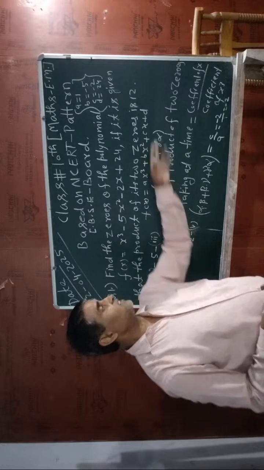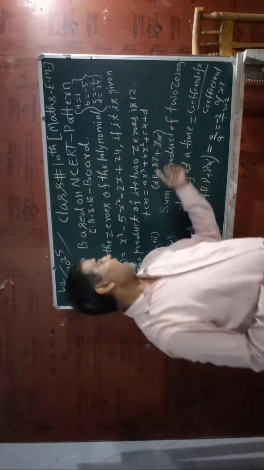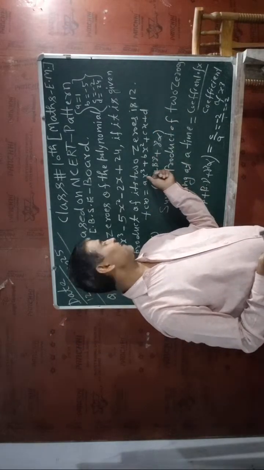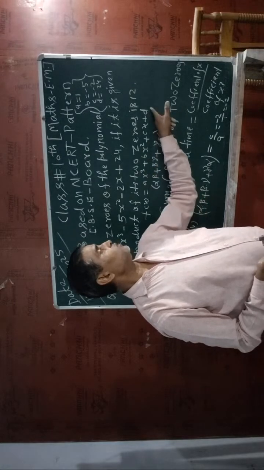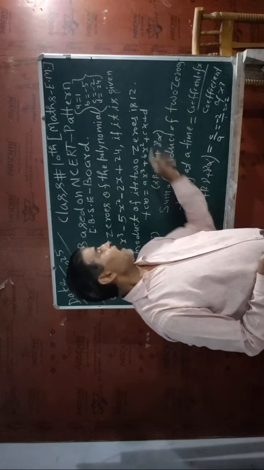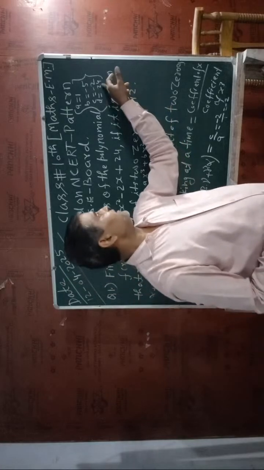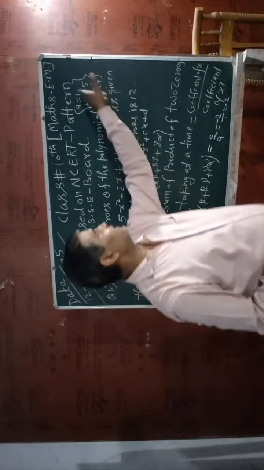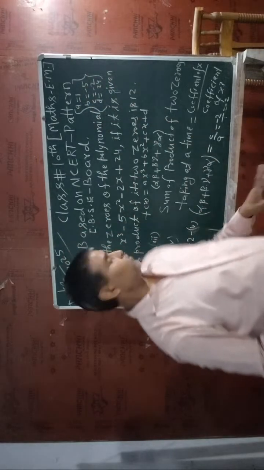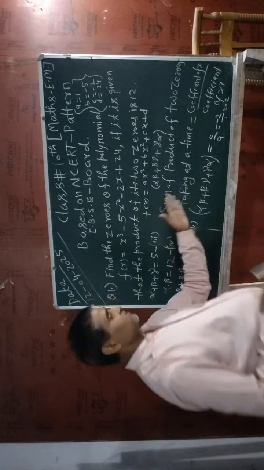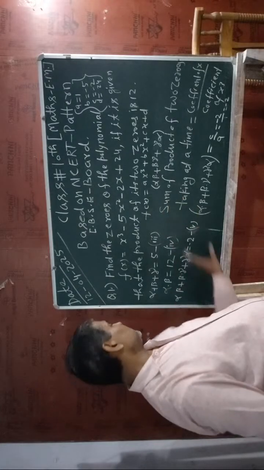Constant term is d and coefficient of x cube is a. That will become d divided by a, and we take the value of d and a from here, so it will be 24. I am going to write its concept here.